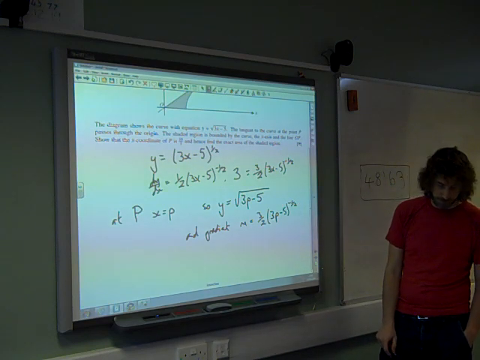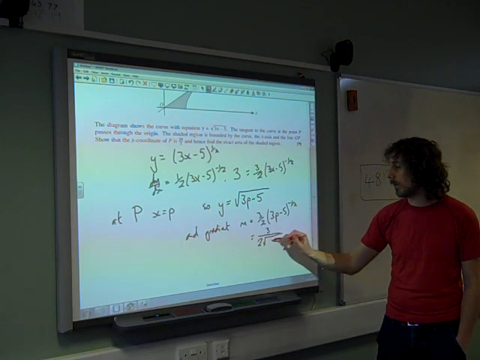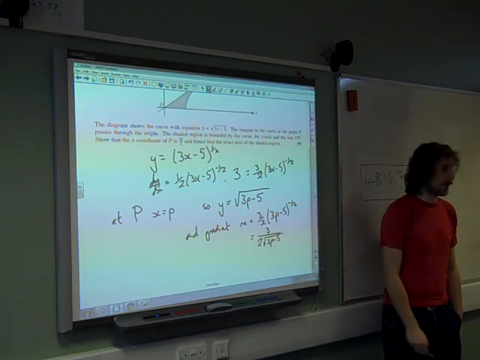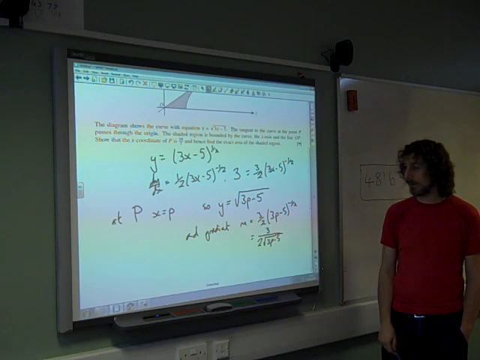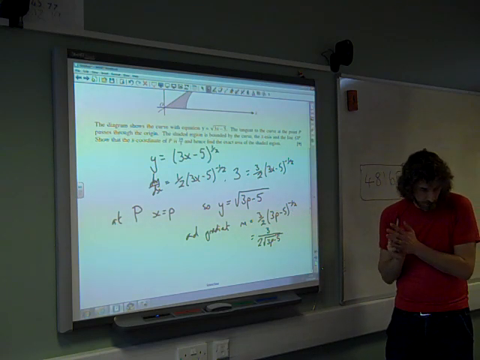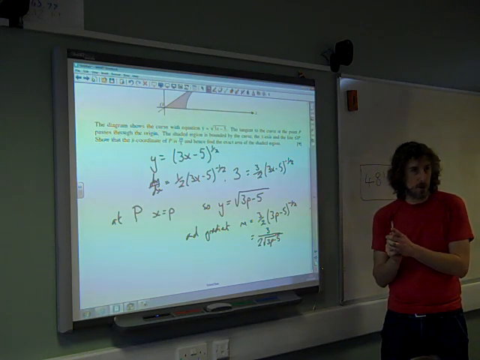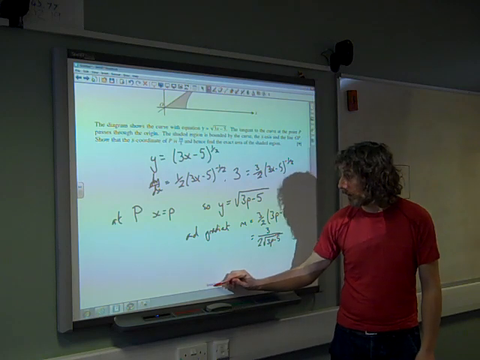I don't really like it like that. I might write it as being 3 over twice the square root of 3p minus 5. Is that okay? Because that's what that means, isn't it? 3 over 2 times (3p minus 5) to the minus a half. Right. Now this passes through 0, 0. I know that, that's given in the question.